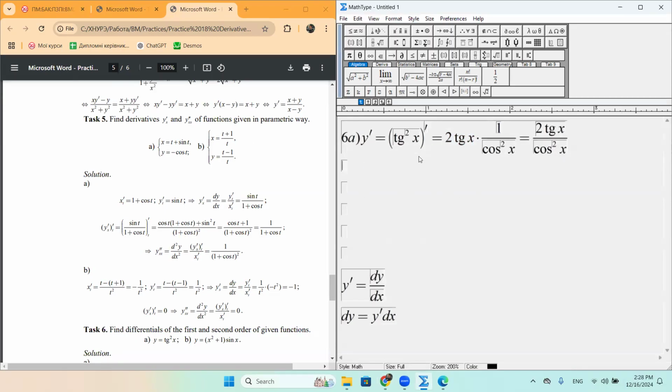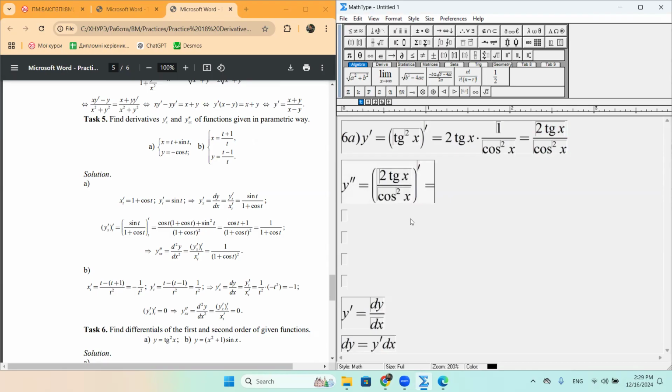So now calculating the second derivative. Okay, and now differentiating this fraction. So 2.